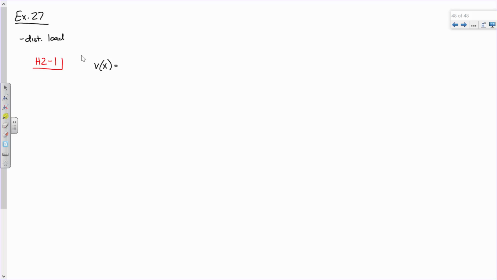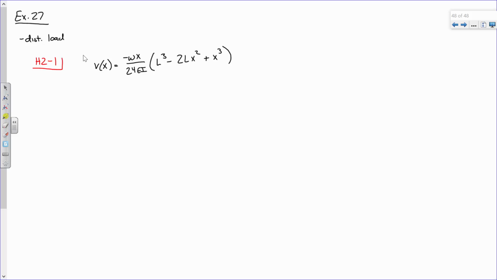All right. So that equation is minus Wx over 24 EI times L cubed minus 2Lx squared plus x cubed.